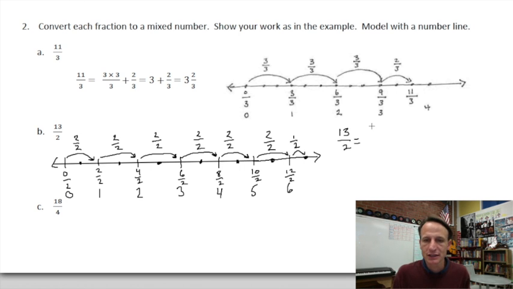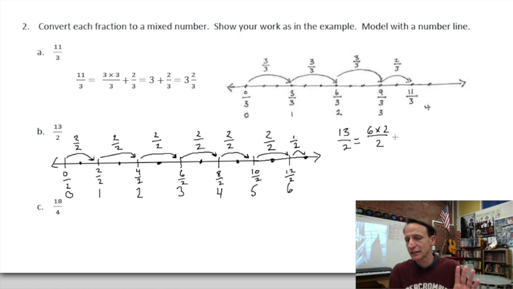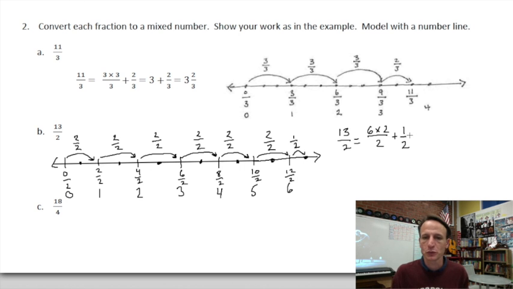So we did 6 times 2 halves. And this is a different way of writing this than you've ever encountered here in Eureka land, right? But don't forget, we also had this extra one little half, that 13th half there, plus 1/2. So when we go ahead and multiply this out, 6 times 2 is 12, divided by 2 is 6, or you can just look at our number line and know that it's 12 halves, which is equal to 6.